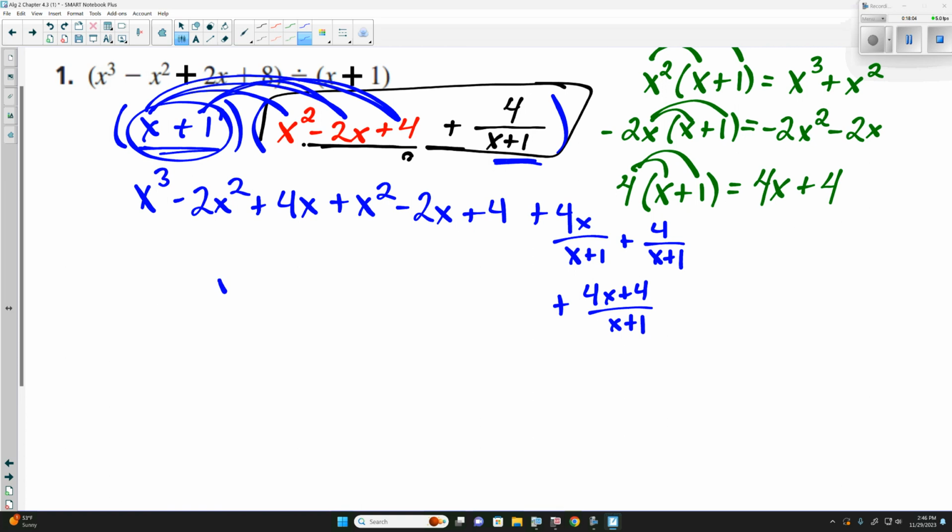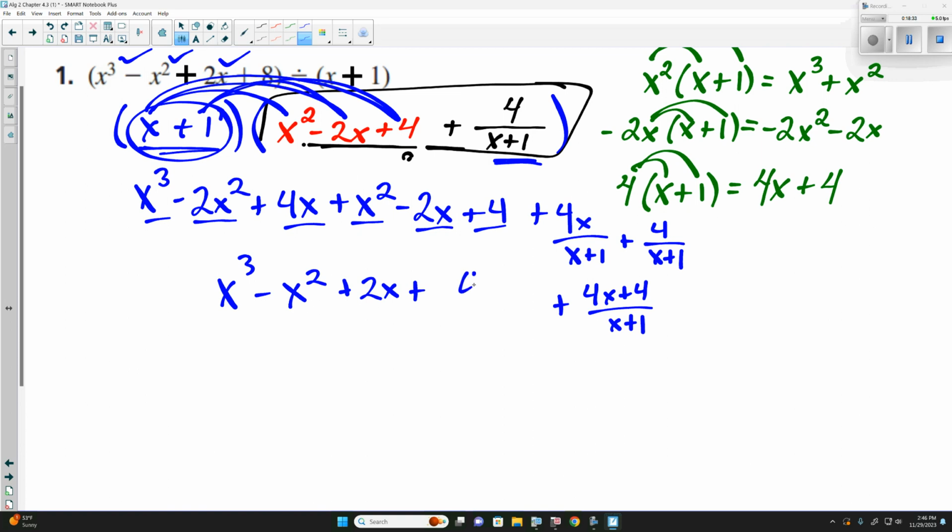The rest of this, we would have x cubed, negative 2x squared, plus x squared would be negative x squared. 4x minus 2x would be positive 2x. So we do have the x cubed, we have the x squared, we have the 2x. But we have our plus 4, yes?